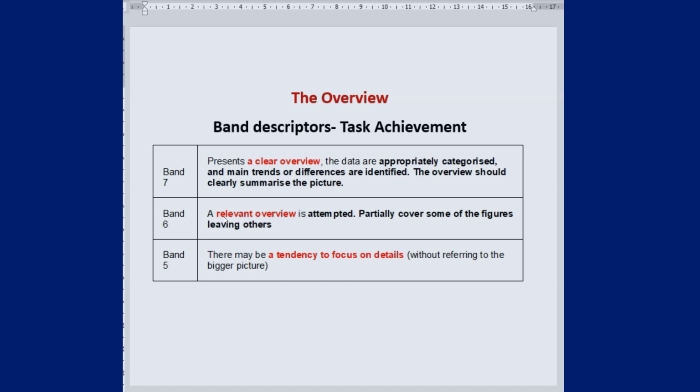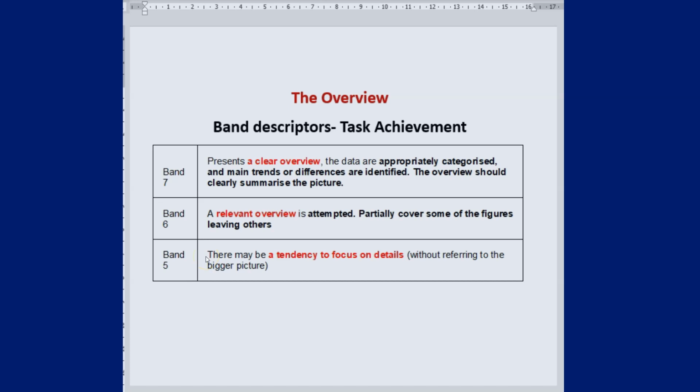For instance, if you have 4 different variables, this Band 6 overview will show just about 1 or just 2, leaving the others. None of them was compared. So that is what we mean by attempting, right? The person just attempts the overview.